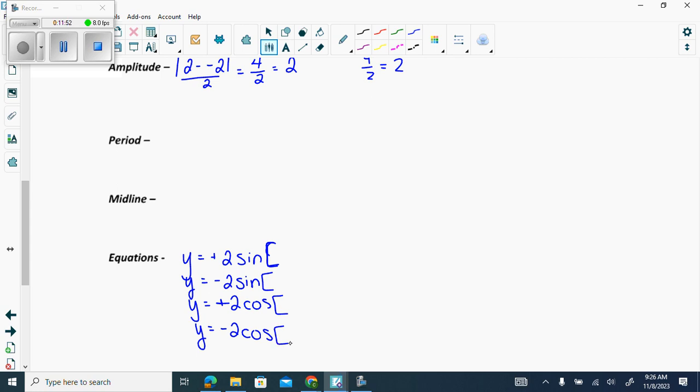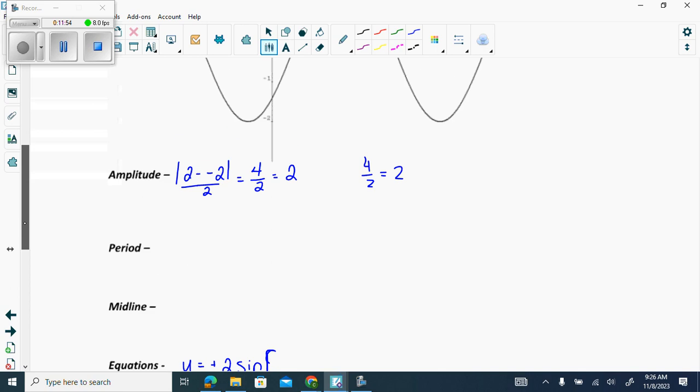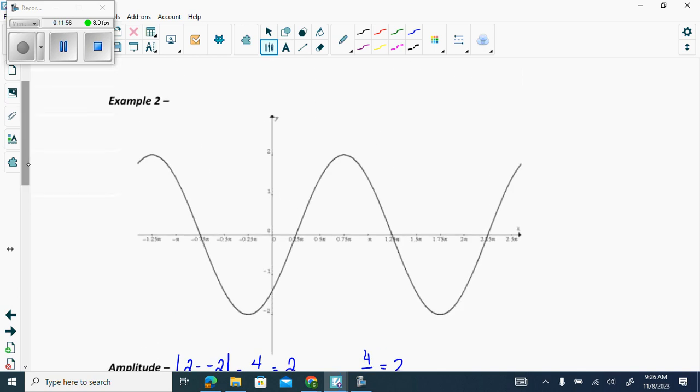So let's figure that out. For this one, I could go from max to max, but I would have to go 0.75, 2.5, subtract them, and get my answer. What I can also do is start on the y-axis and see if I can get myself to repeat. So I go like this. Now I have to go past the max, back to that height.